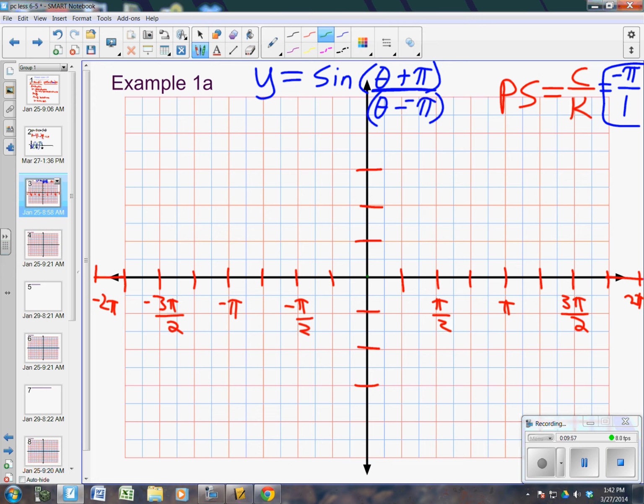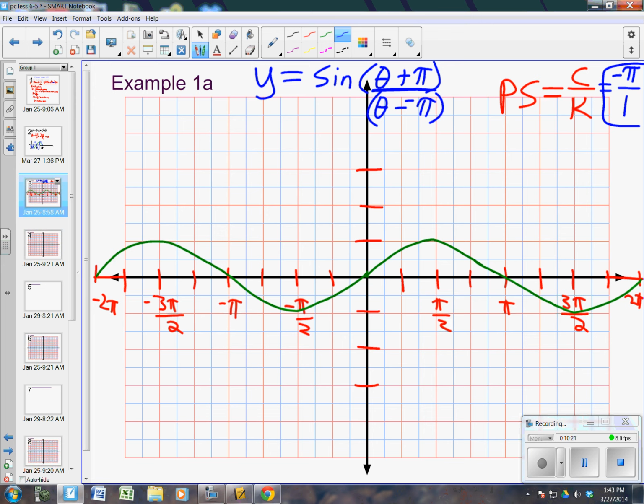It goes up like this, through pi, down to 3 pi halves, it bottoms out, back up here, right? If I did it the other way, it's going like this. Okay, but with the phase shift, we are going to phase shift it pi units left.